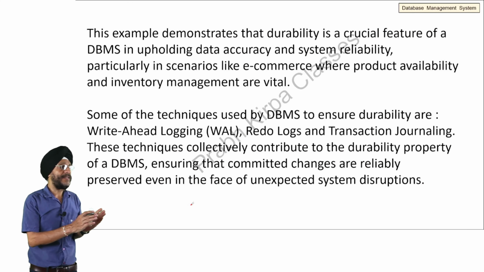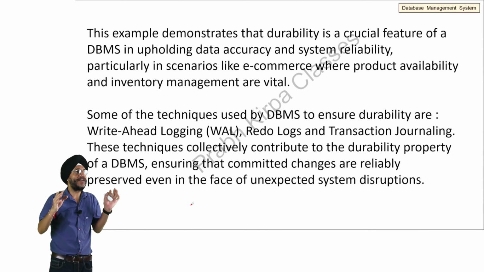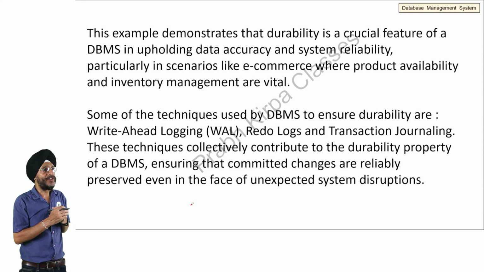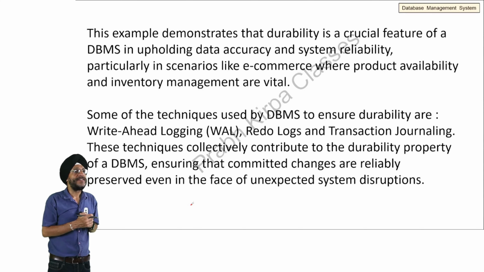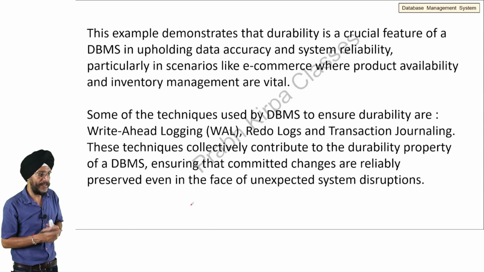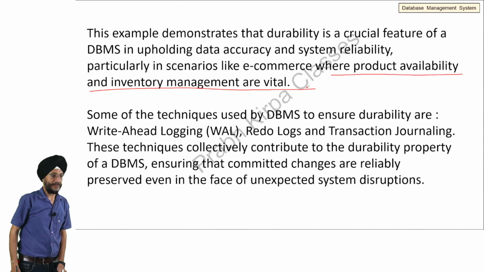The example given above demonstrates that durability is an important feature of DBMS, which ensures data accuracy and system reliability, particularly in cases of e-commerce where product availability and inventory management are important.